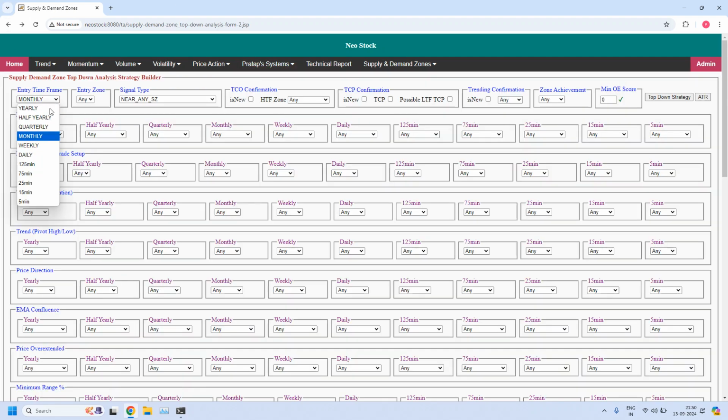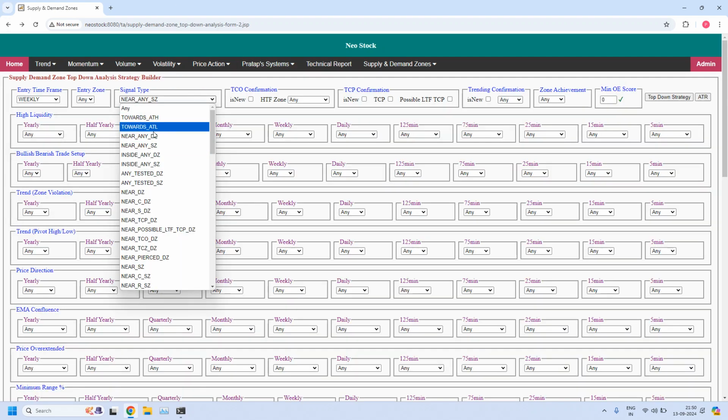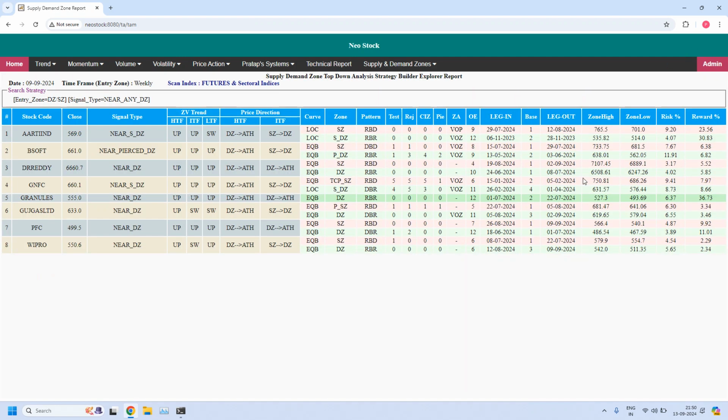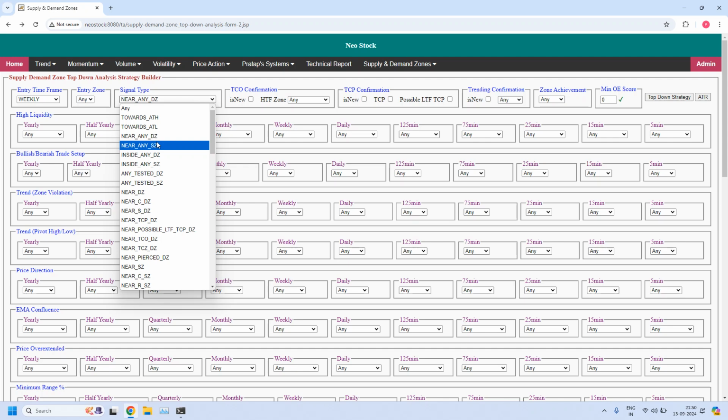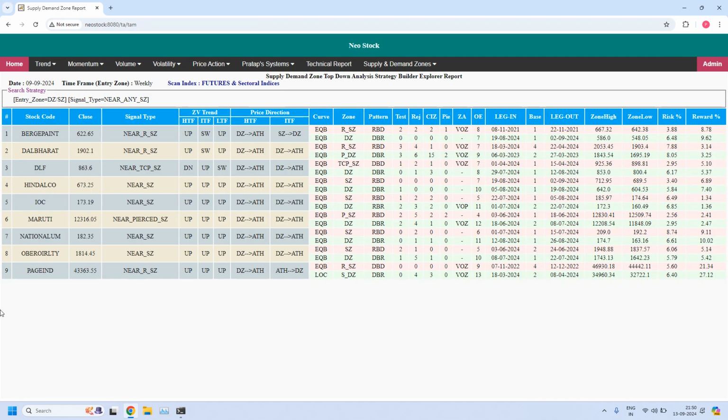Next time frame is weekly. Let us find the stocks near weekly demand zone. 8 stocks are filtered. Next, for weekly time frame, let us find the stocks near weekly supply zone. 9 stocks are filtered near to the weekly supply zone.